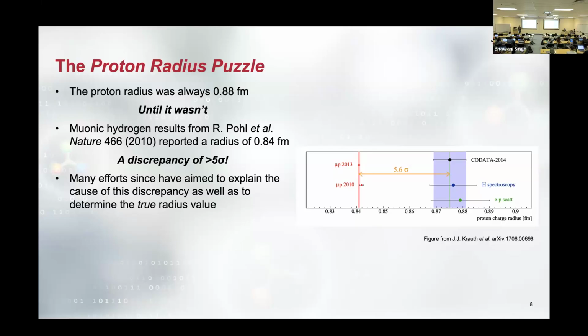Because it was so precise. They used this muonic hydrogen technique that gave them unprecedented precision as to measuring this. And so ever since then, we've been trying to understand who's right and why are we getting different numbers.